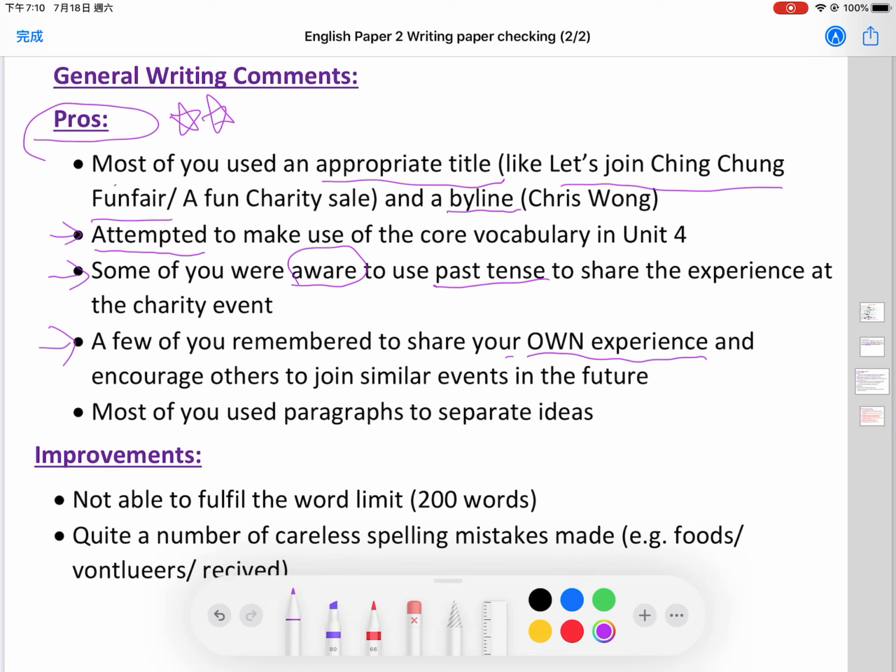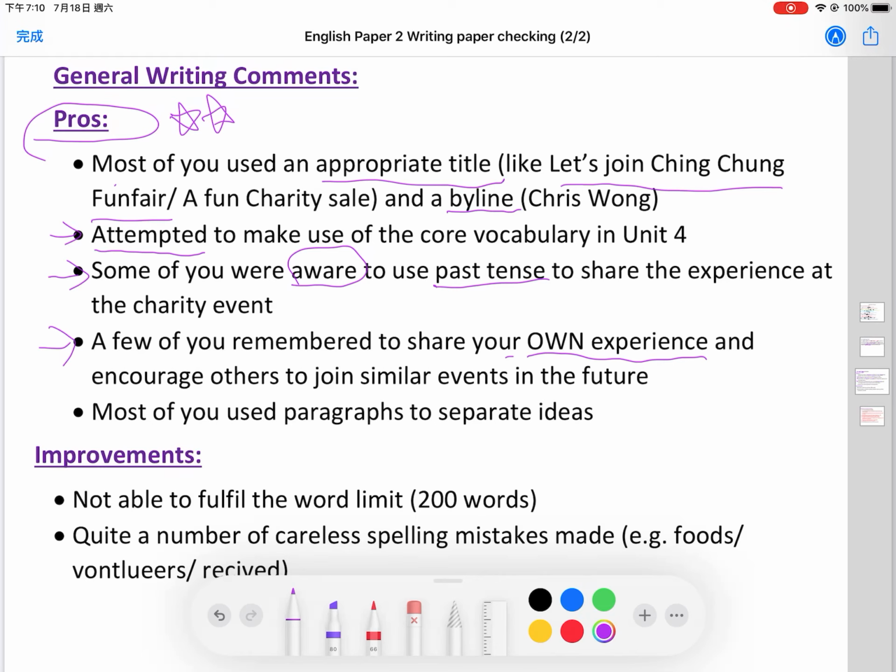So some of you shared that you took part in a charity sale and you helped sell cookies, which is really good. And then you shared the details on how much money you raised for the charity, and then you asked the readers, that means me, to join.